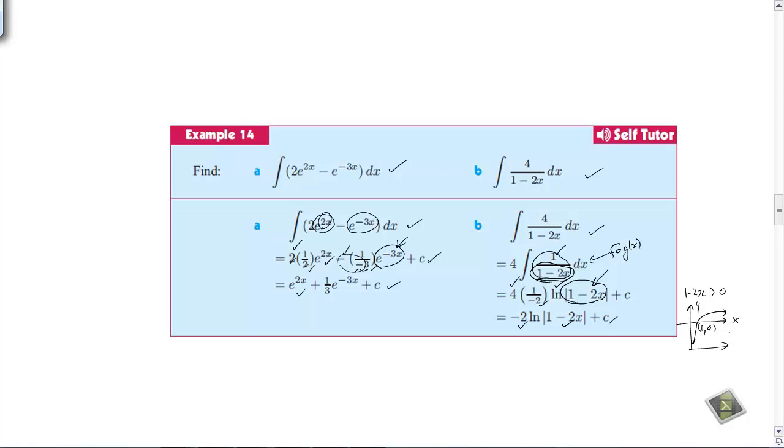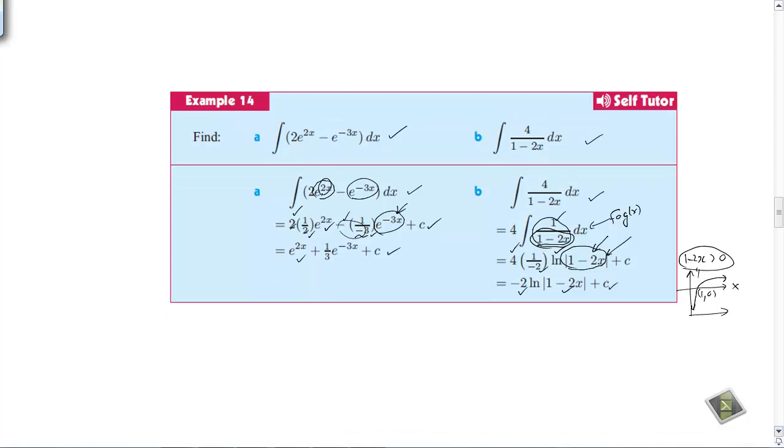So if you're trying to find the log of something, you have to consider its size being positive, the absolute value or size of the number. So you use the modulus sign or some statement about that. This goes back to domain and range work, doesn't it? From the first year of the course usually. All right, let's go on and do some more.